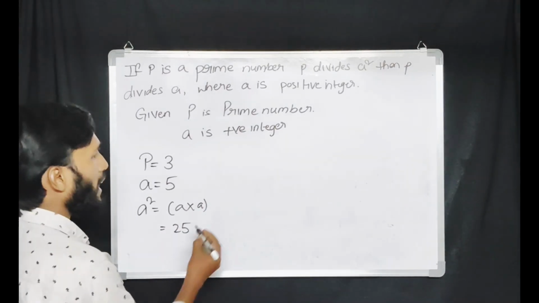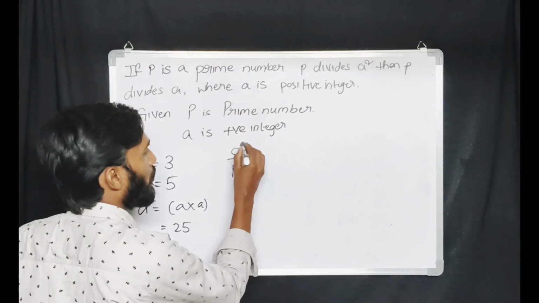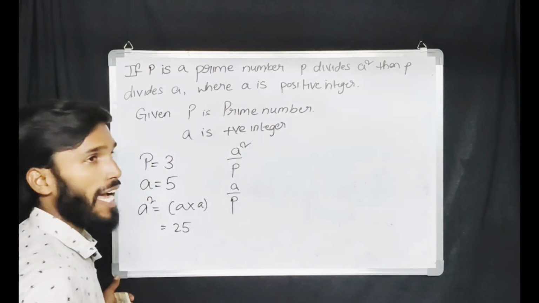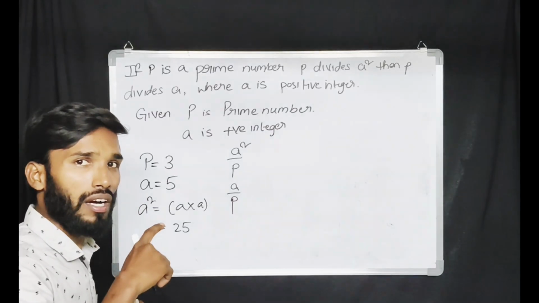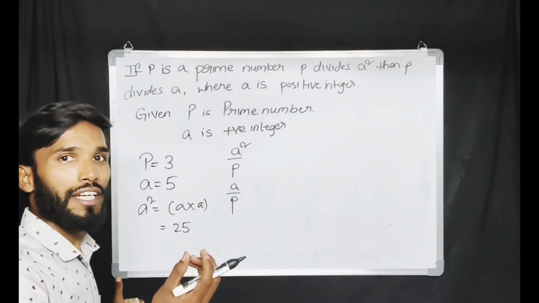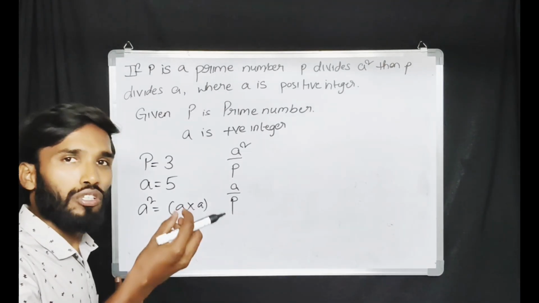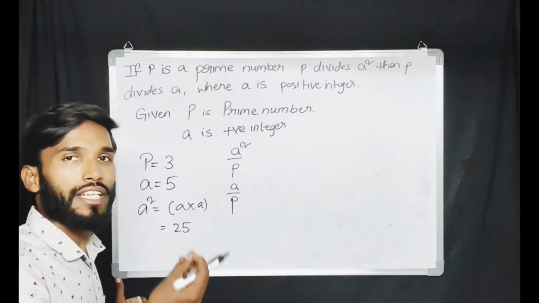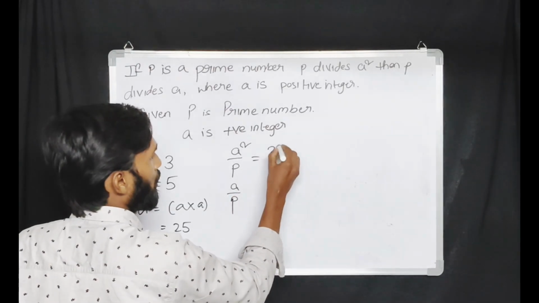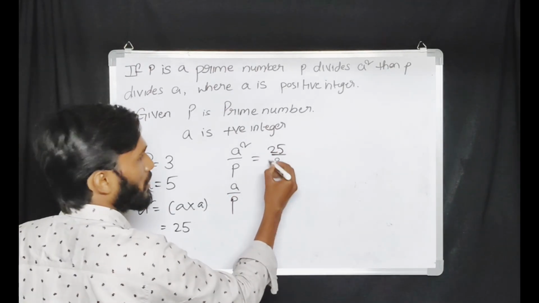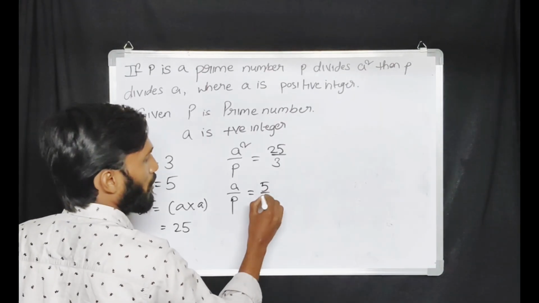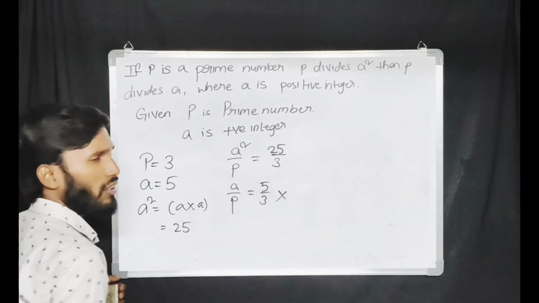Now, if P divides A square, then P divides A. As you learned in Euclid's lemma, when the product of two positive integers is divided by a prime number, then it must divide at least one factor of the product. Now here see, what is A square? 25 by P, 3. Next, here what is A? 5 by 3. It's not going.